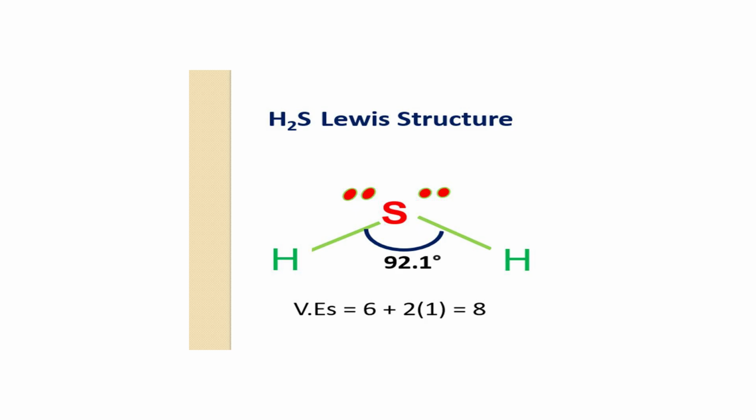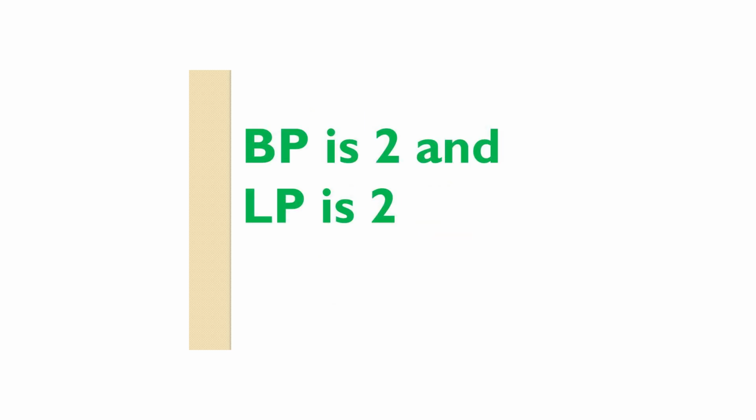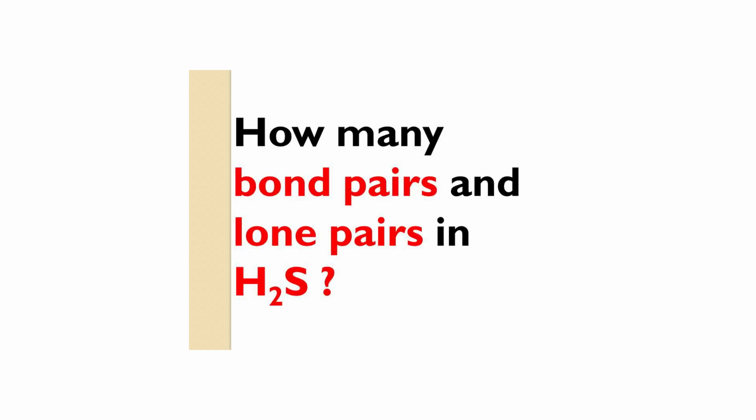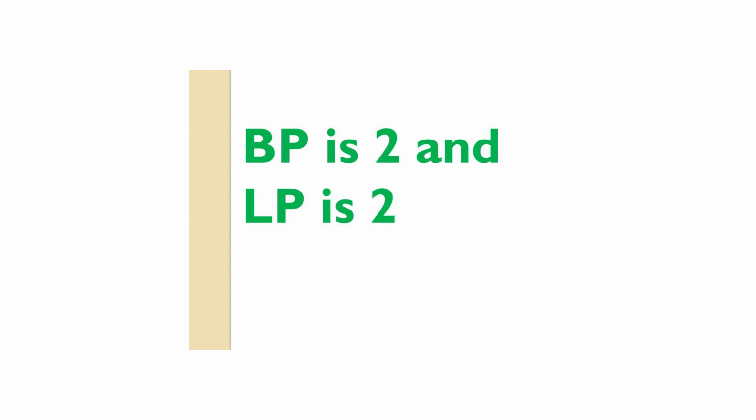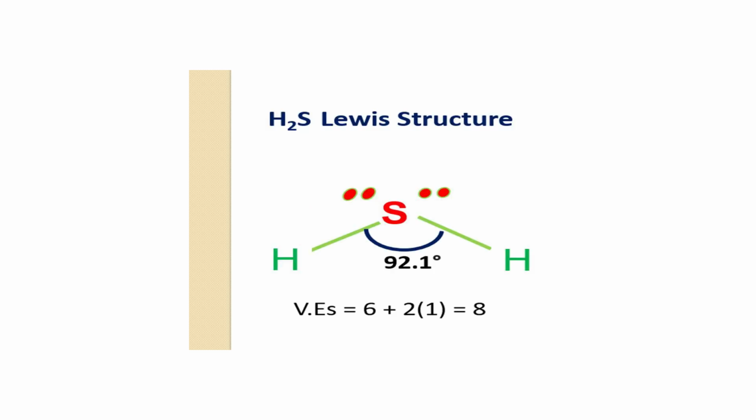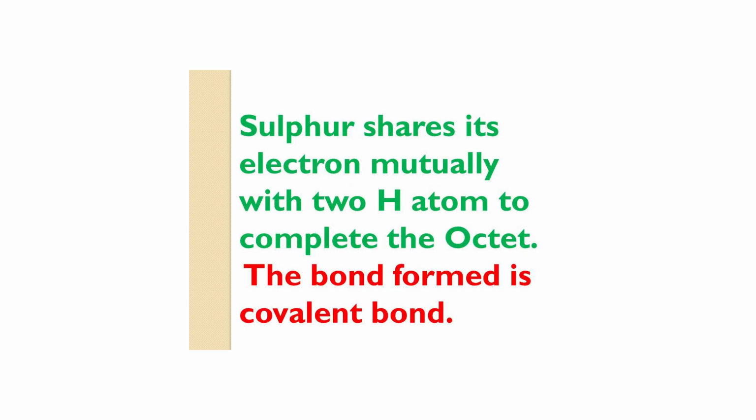So, it forms 2 S-H bonds, that is 2 bond pairs. And how many lone pairs are present in sulfur? 2 lone pairs. So, in H2S, 2 bond pairs and 2 lone pairs. The covalent bond is formed in H2S.